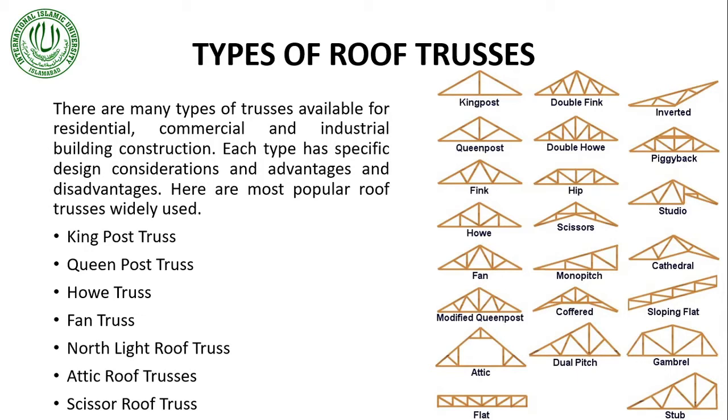Each type has its own specific design considerations, advantages and disadvantages. Here we will talk about some of the most popular and widely used roof trusses: king post truss, queen post truss, howe truss, fan truss, north light roof truss, attic roof truss, and scissors roof truss.